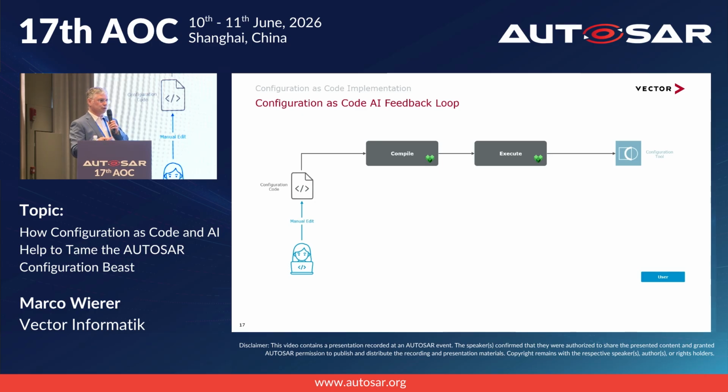Then the developer would compile the code, execute the code, introduce it to the configuration tool, and then the configuration tool would do the validation. In case there is an error, the software developer would fix that and redo it again, and then the configuration tool would generate the source code files to be integrated in your embedded product.